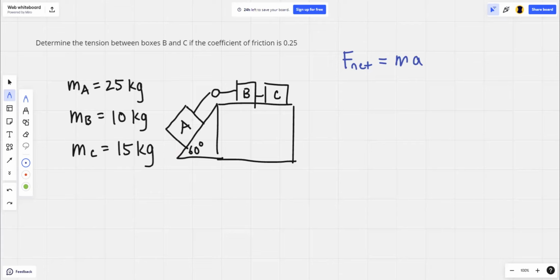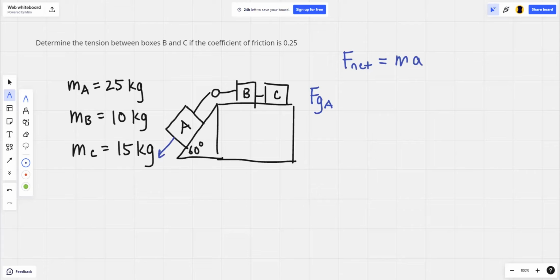Okay, so let's start by replacing Fnet here with all the forces that are acting on it that's not tension. So first there's the gravitational force on A, which is pulling it down. So let's assume that it's moving downwards.